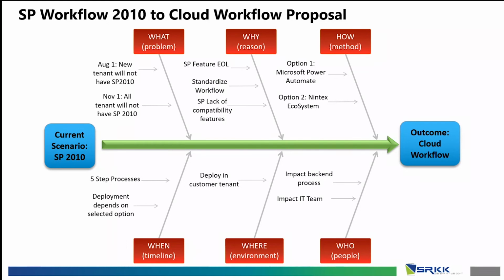Then probably Nintex would be a better fit, right? Because Nintex has much more functionality on top of Power Automate. So some of this consideration needs to be decided in order to determine what kind of solutions you want to use, either Power Apps, Power Automate or the Nintex ecosystem.